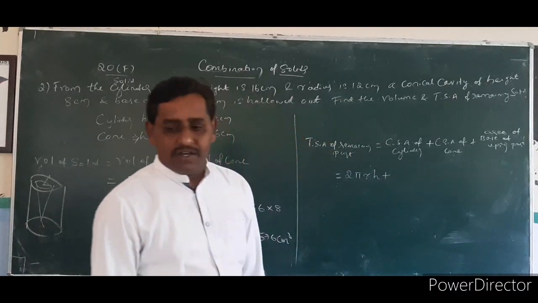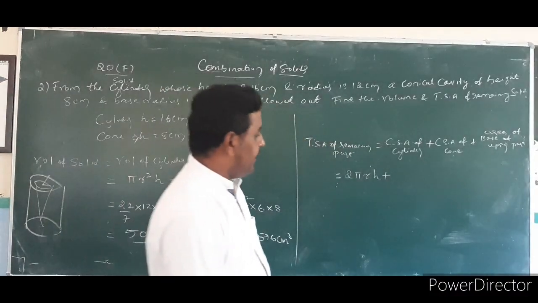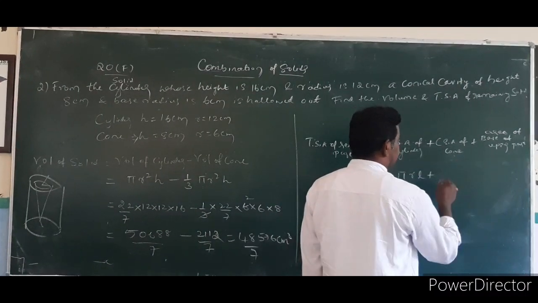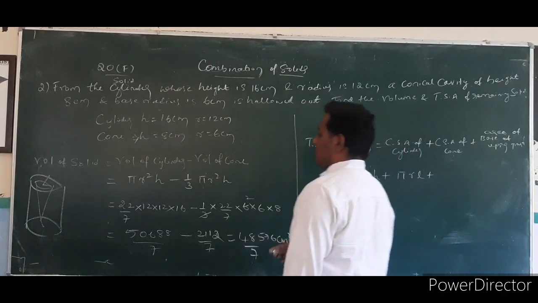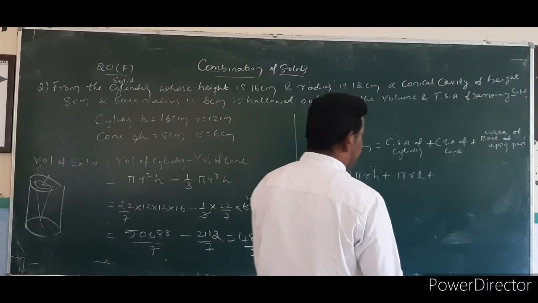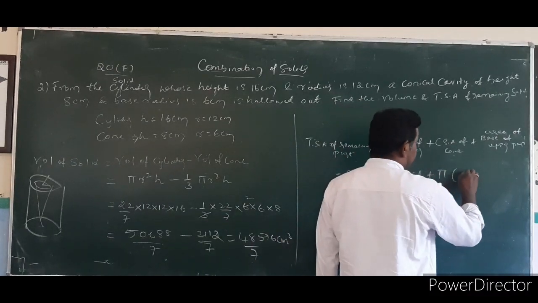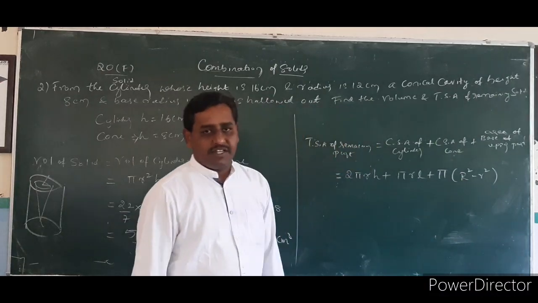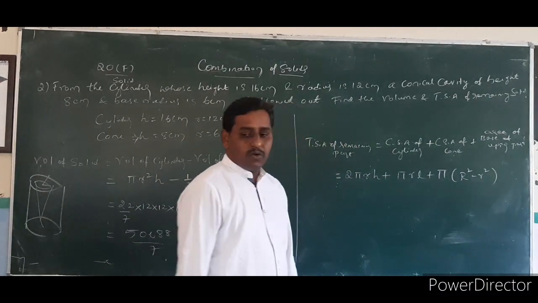The curved surface area of cone is pi r l, plus the area of the base of the upper part. So you have to subtract these two radii. What is the area formula? Pi r square. That means pi capital R square minus small r square. Capital R is the radius of the cylinder, small r is the radius of the cone.